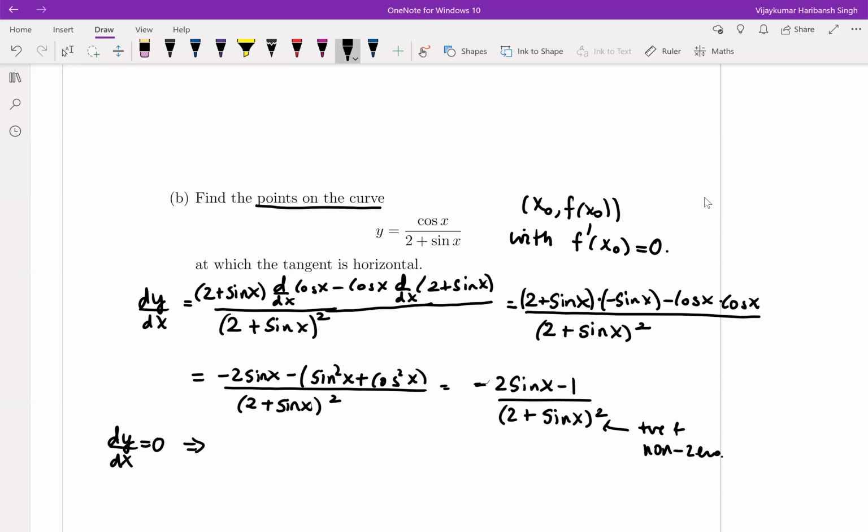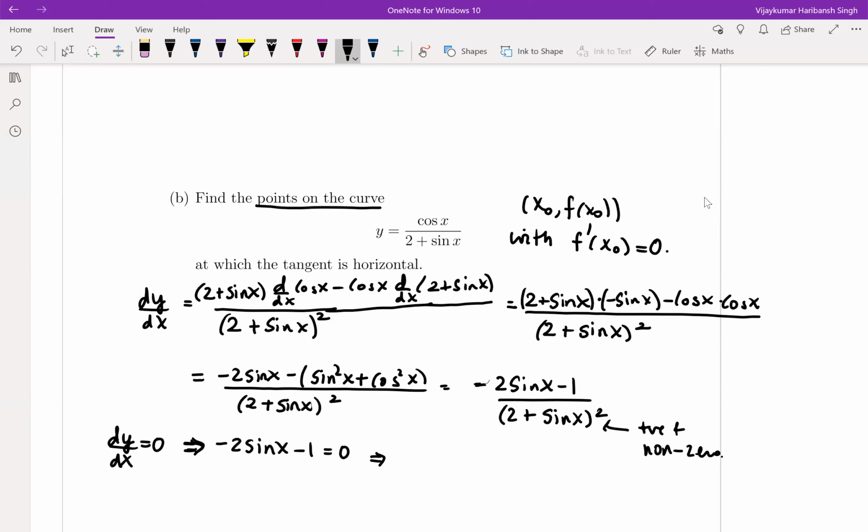To find the zeros, we just have to look at when the numerator becomes zero. Otherwise, if the denominator also became zero, then we would have to look at when both of them are zero and exclude those points. But since the denominator is non-zero, this makes life easier. So the derivative is zero when the numerator is zero.